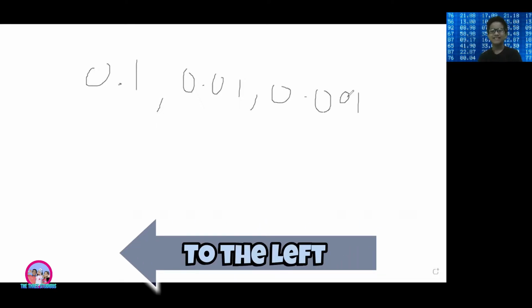Now, when we multiply decimals by 0.1, 0.01, or 0.001, move the decimal point 1, 2, or 3 times in their order to the left.